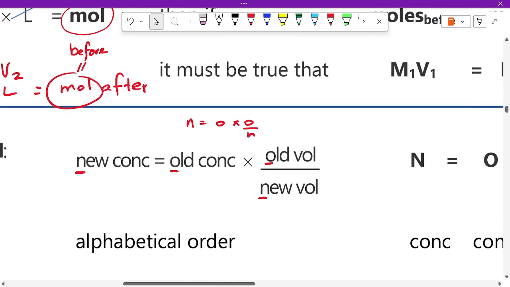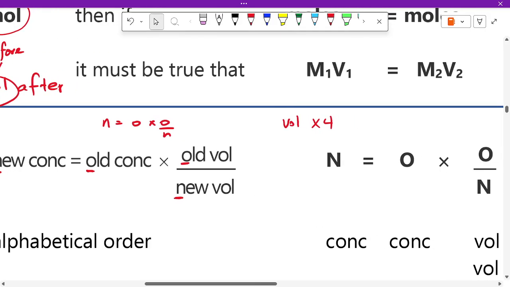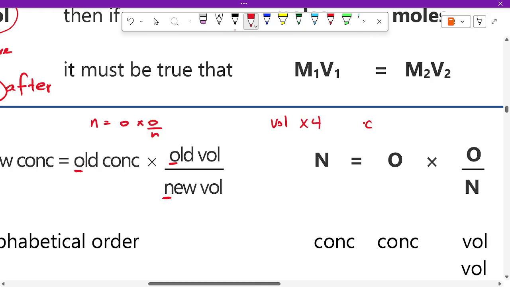The reason I like this is because you remember how we said if you multiply your volume by 4, then your concentration is 1/4. Remember that? If we take our volume times 4, then the concentration is 1/4.